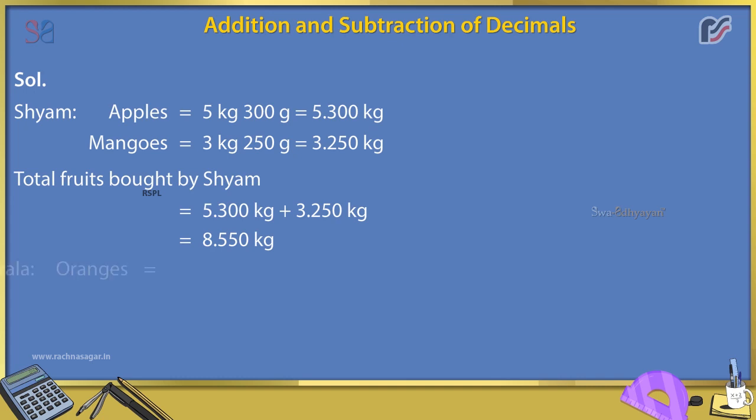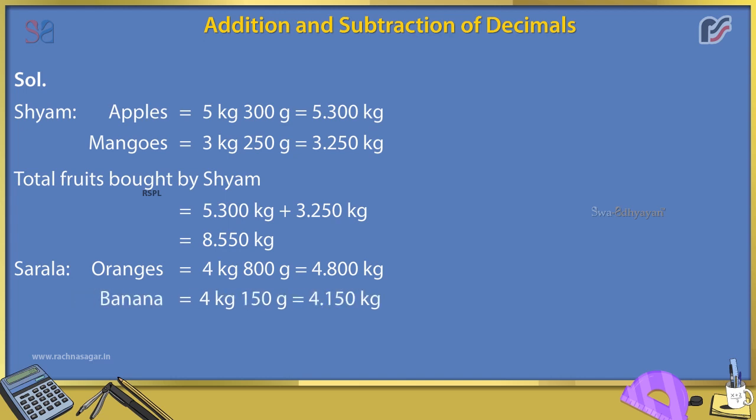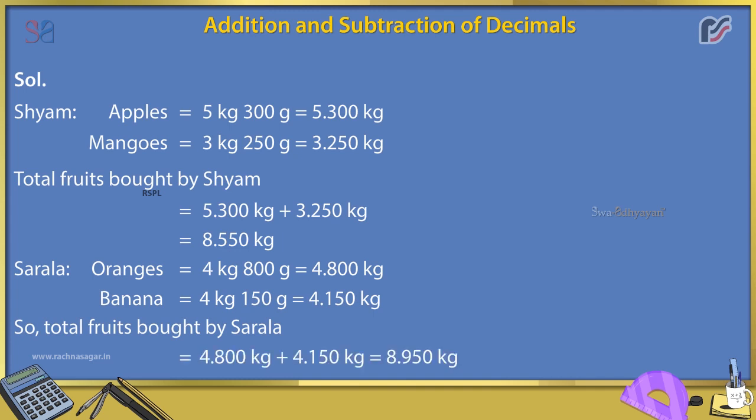Sarla. Oranges is equal to 4 kg 800 gram, which is equal to 4.800 kg. Bananas is equal to 4 kg 150 gram, which is equal to 4.150 kg. So, total fruits bought by Sarla is equal to 4.800 kg plus 4.150 kg, which is equal to 8.950 kg.